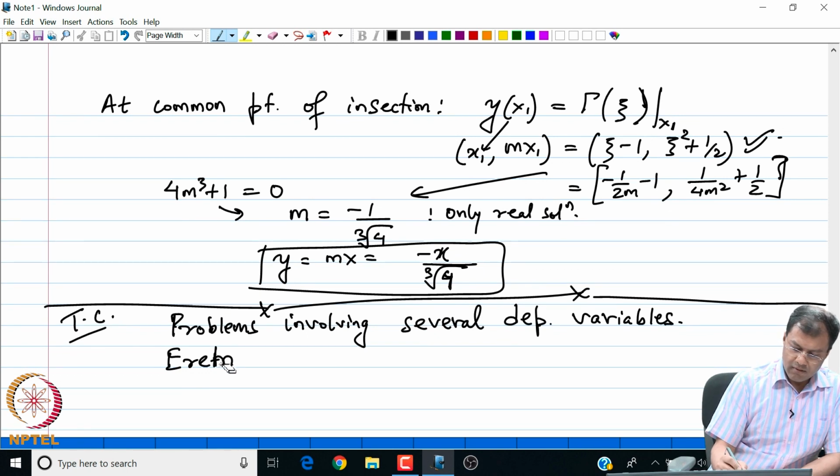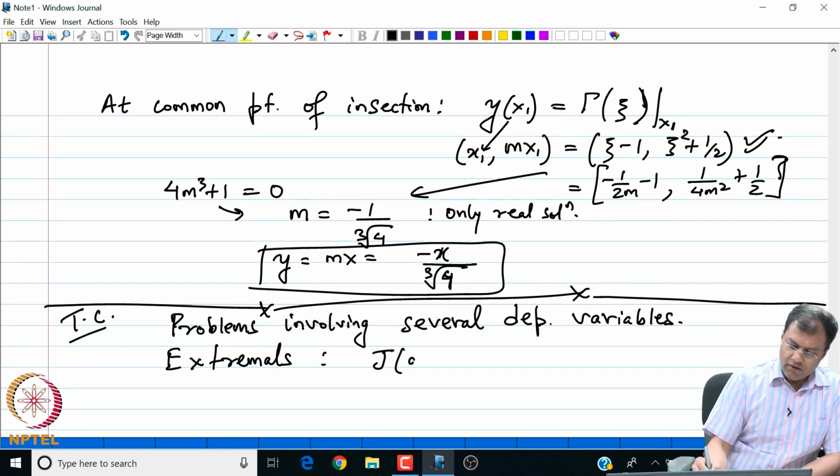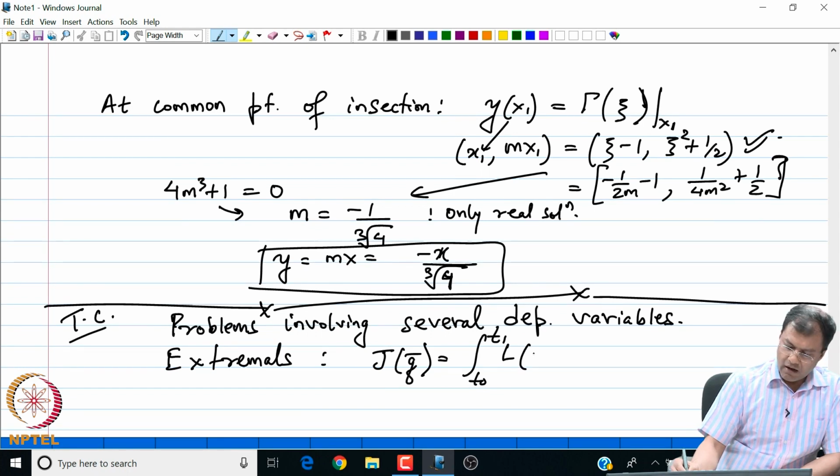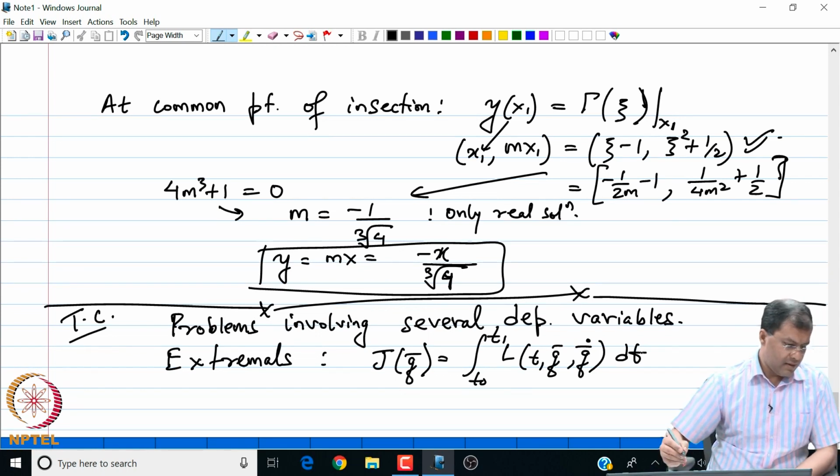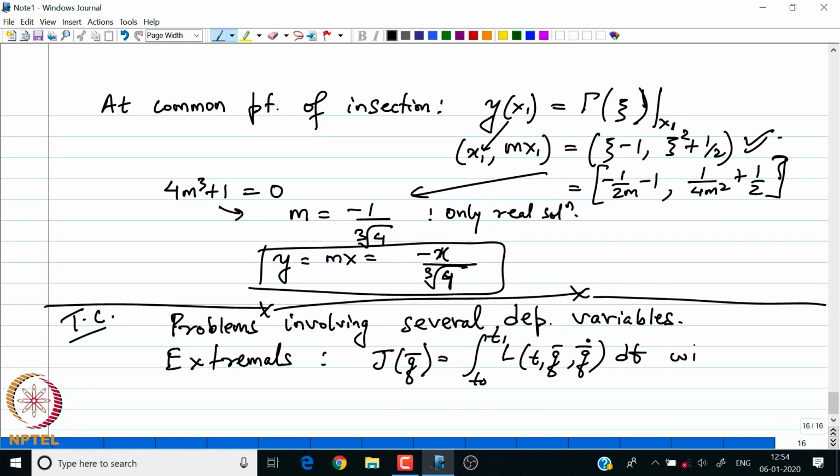Extremals of the form J of q bar equals the integral from t0 to t1 of L of t, q bar, q bar dot dt, with endpoint condition given by p_k delta q_k minus h delta t equal to 0.